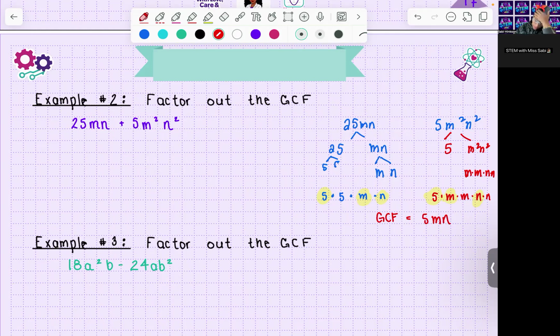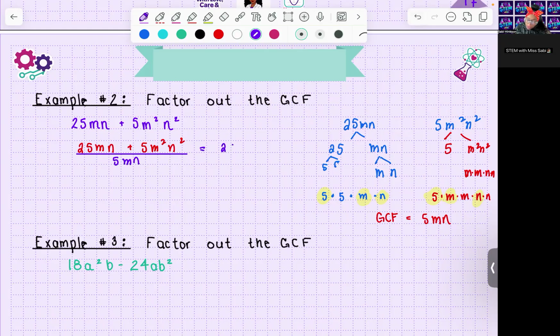So now we've got to divide this binomial by the GCF. Our GCF is 5mn, not 5m squared, 5mn. So what does that mean?